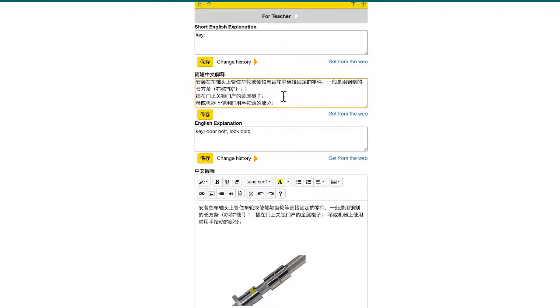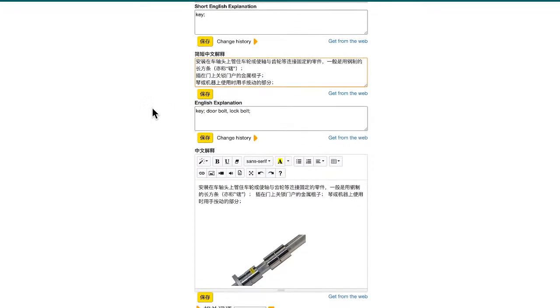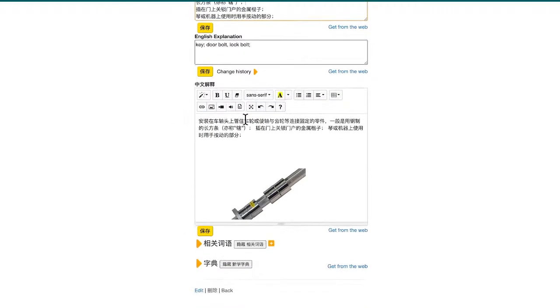The most common is a moving piece that can be pressed by hand, causing the device to operate, like the key on a keyboard, or the keys on a piano. This type of thing is called 键.